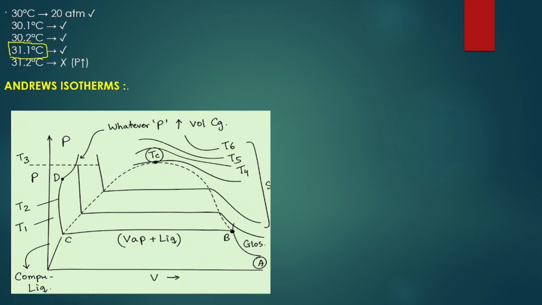At point A to B, gas is present. And point B to C is nothing but vapor plus liquid present.